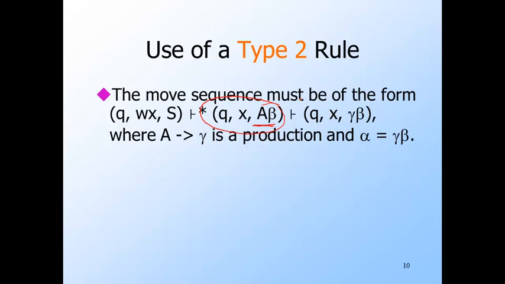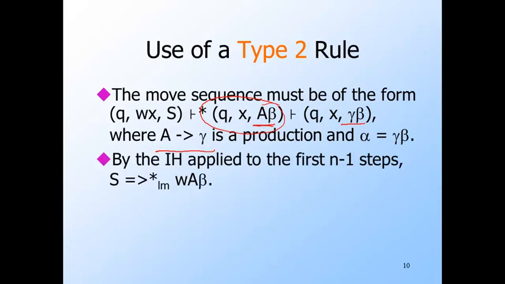At the nth move, no input is consumed, but A is replaced by gamma, one of its production bodies. That is, we assume A goes to gamma is a production. Notice that alpha is gamma beta here. That is, this stack string is really alpha.